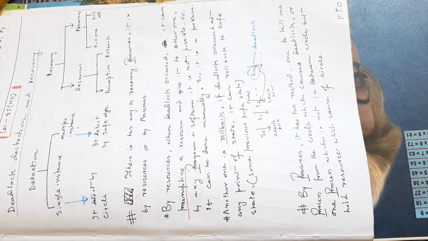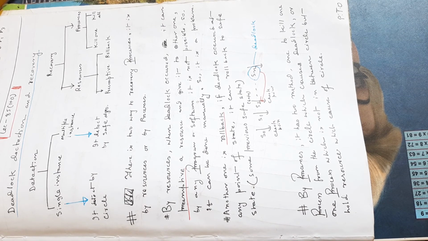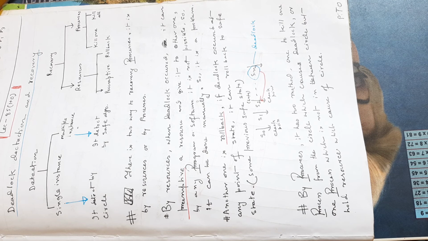Maybe the process is within the circle which causes the deadlock, so delete or kill this process. Or maybe one process is not in the circle, but this process holds a resource which causes a deadlock. In that case, we also kill this process.